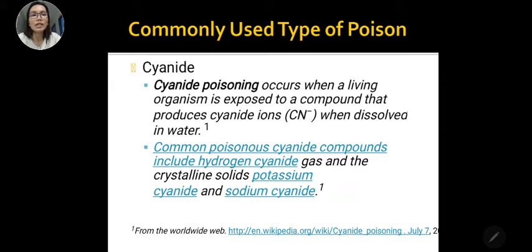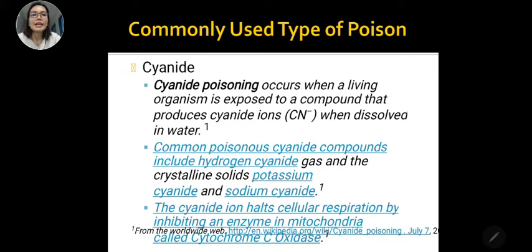So, these are poisonous compounds that are harmful in our body. The cyanide ion halts cellular respiration by inhibiting an enzyme in the mitochondria called cytochrome C oxidase. So, yan yung reaction na nangyayari sa katawan natin kapag nakapag-ingest ng cyanide.